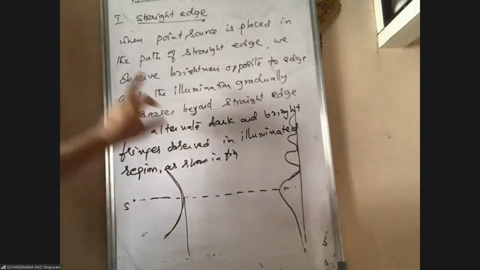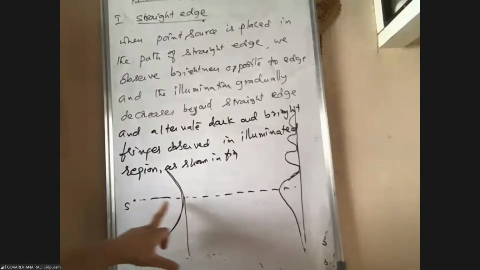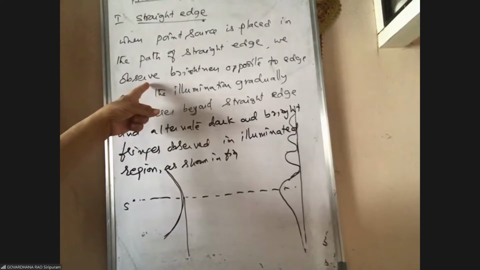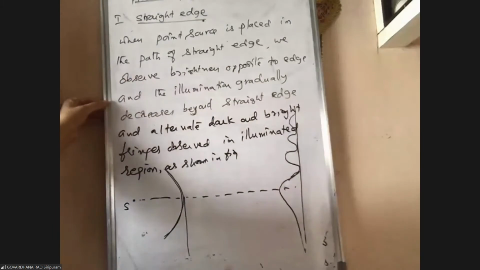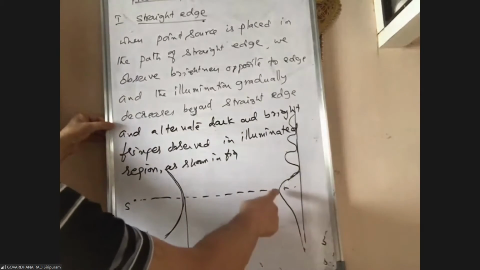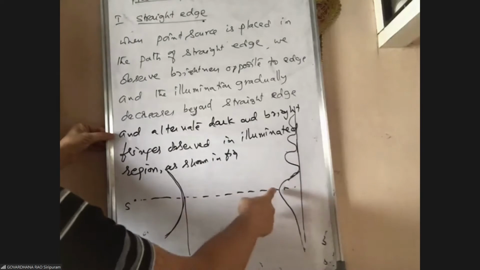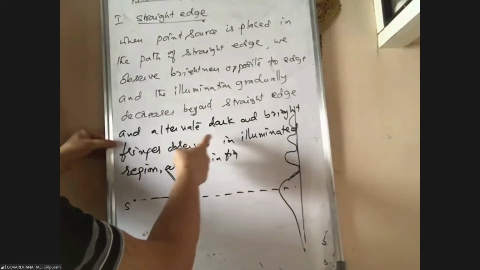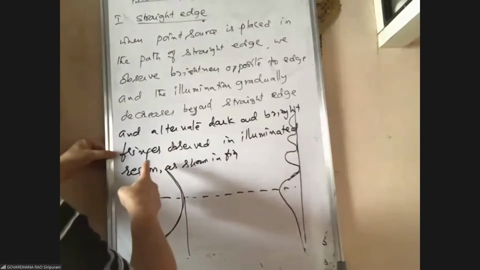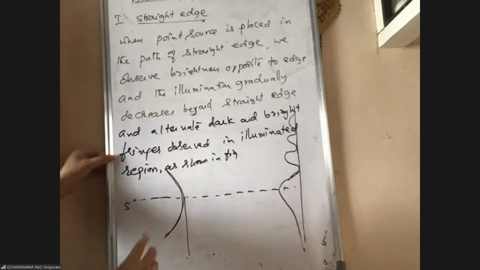So this practical, what is that? When a point source is placed in the path of a straight edge, we observe brightness opposite to the edge and illumination gradually decreases beyond the straight edge like this, and alternate dark and bright fringes are observed in the illuminated region.